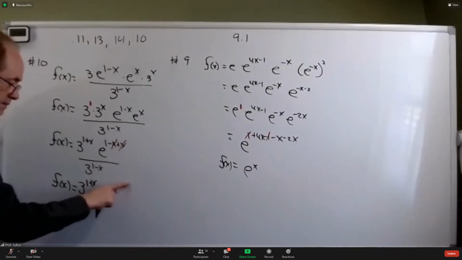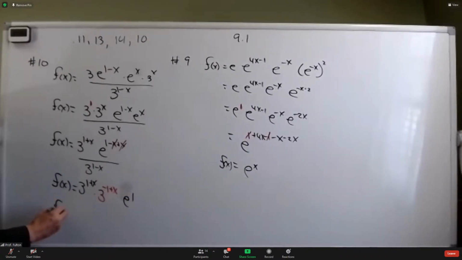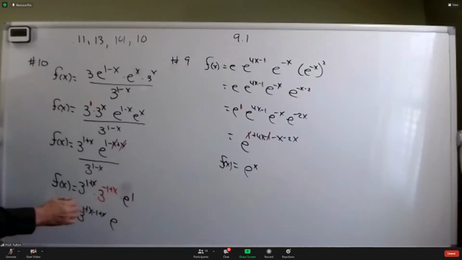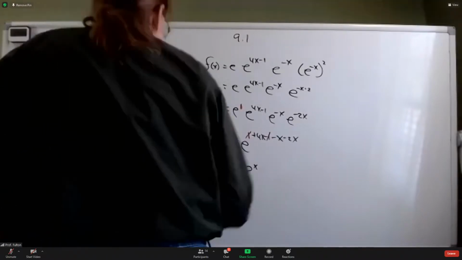Put it down lower. Okay, now I can combine these over here. It's 3 to the 1 plus x minus 1 plus x times e. And I can cancel out the 1 and the minus 1 and add the x's together, so I get 3 to the 2x times e.